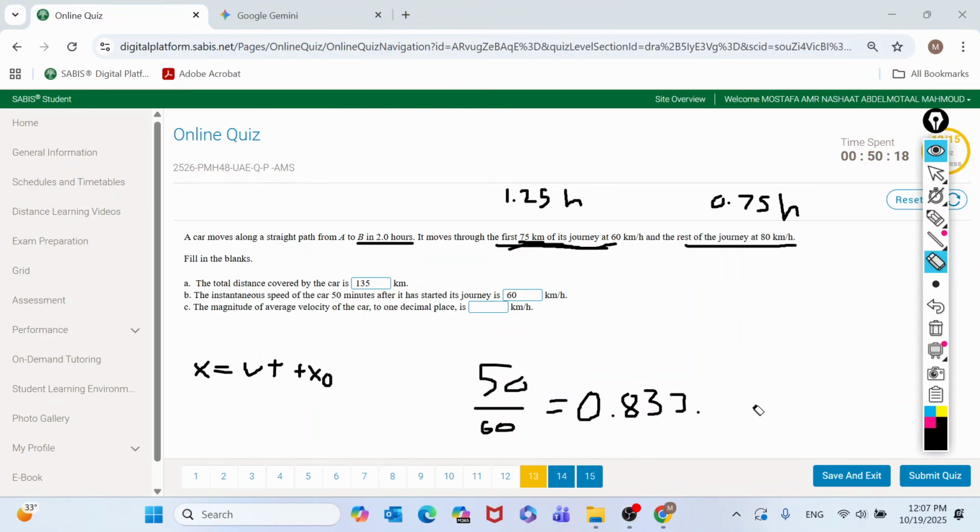Now you need the magnitude of the average velocity. Average velocity is displacement over time. What did you get as the total distance? It's 135 over the time, which is 2 hours.